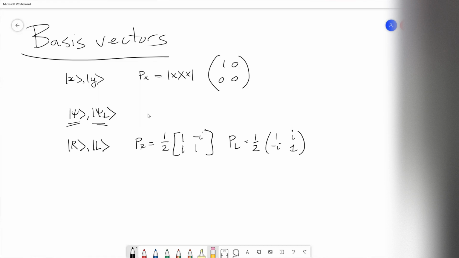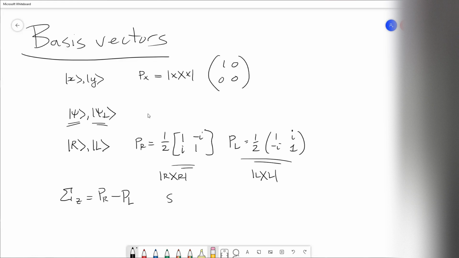When you act on the X and Y, it'll spit out the left and right polarizations. This is R, and L. There's an interesting operator to consider, which is the difference between these two projectors. It's the last thing I'll say about photons.